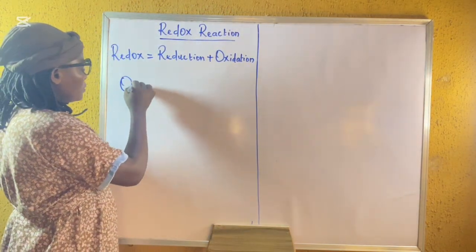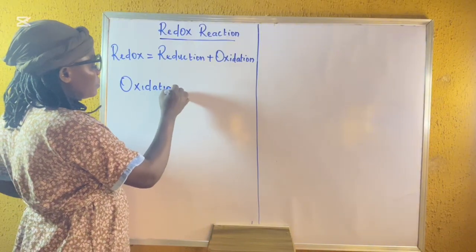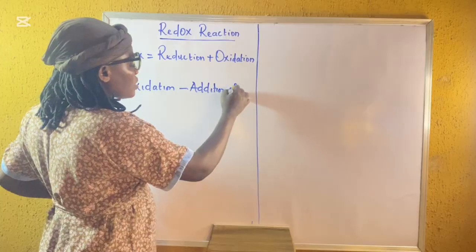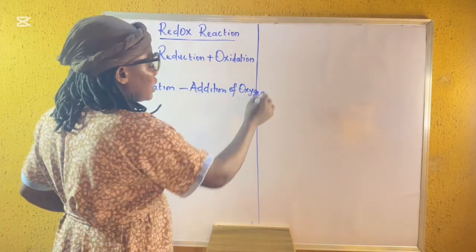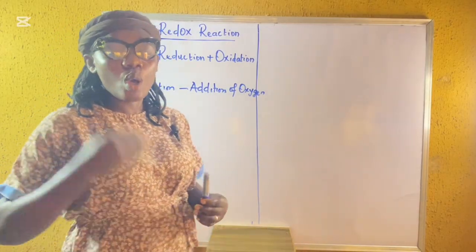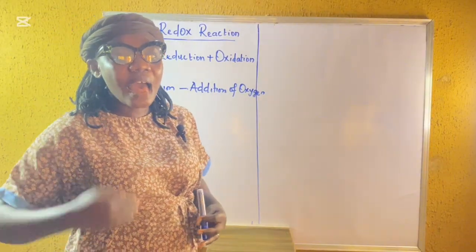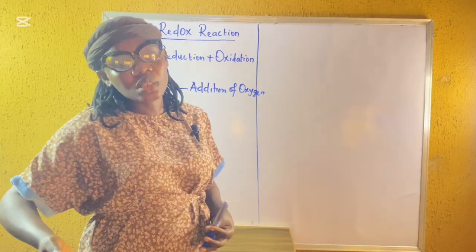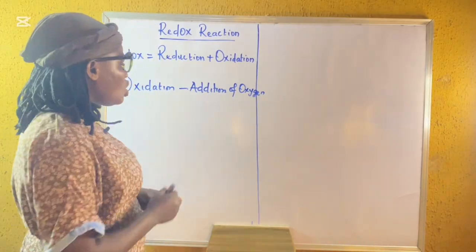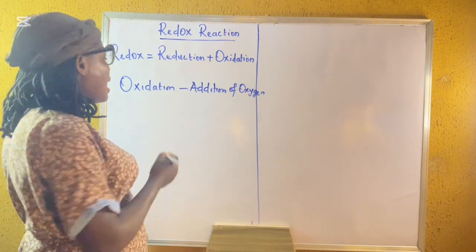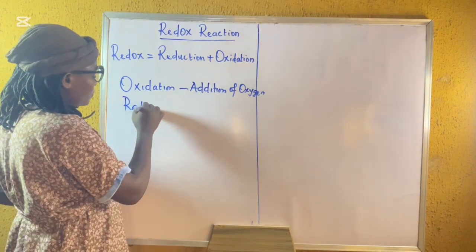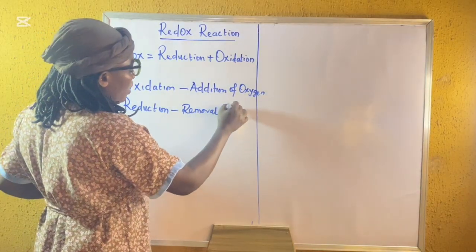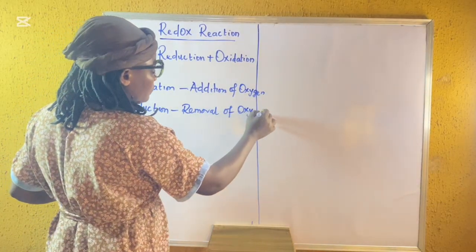Now, oxidation is addition of oxygen. Let's just look at it grammatically, that to oxidate something is to add oxygen. When you oxidate a thing, you are adding oxygen. So oxidation is addition of oxygen, while reduction is removal of oxygen.